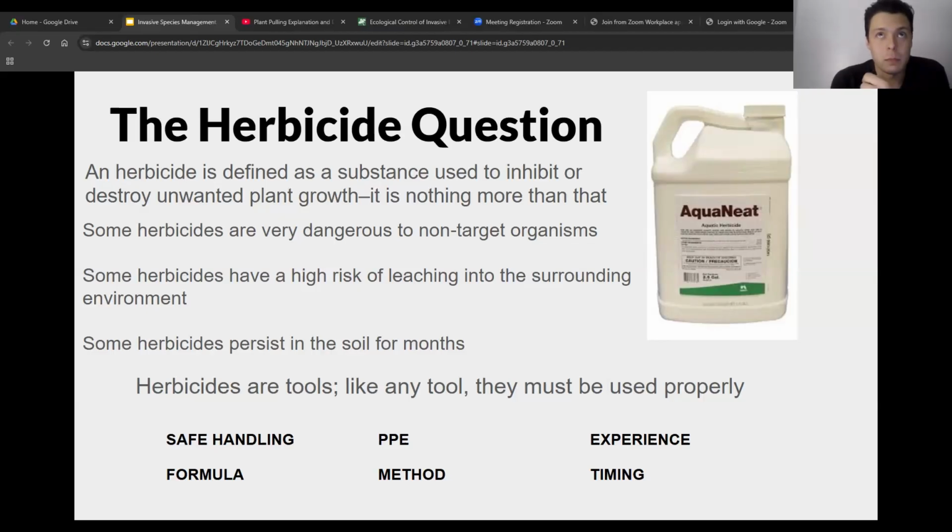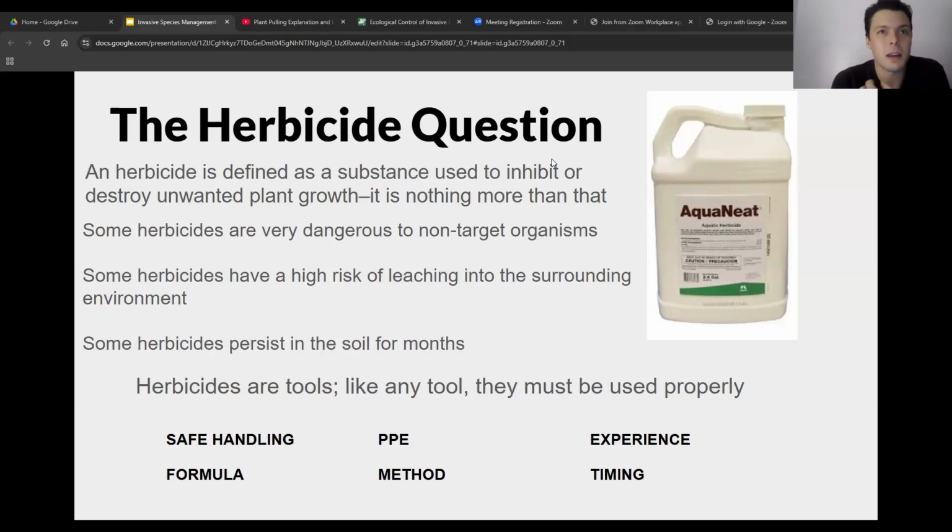Now, one herbicide that actually fills all of those attributes that I described is something that we typically see people supporting as a natural alternative remedy to some of the more manufactured chemicals, and that's high concentrations of salt and vinegar.